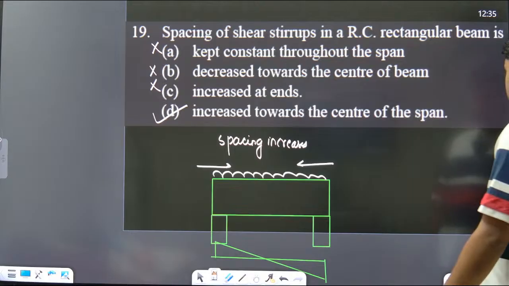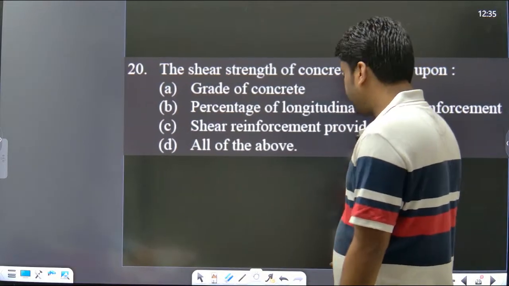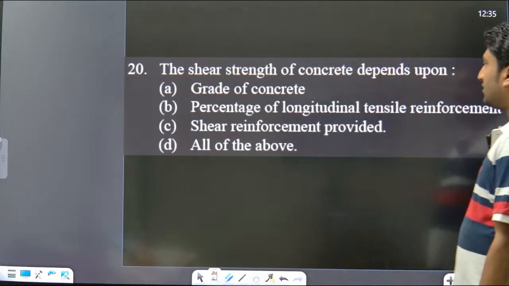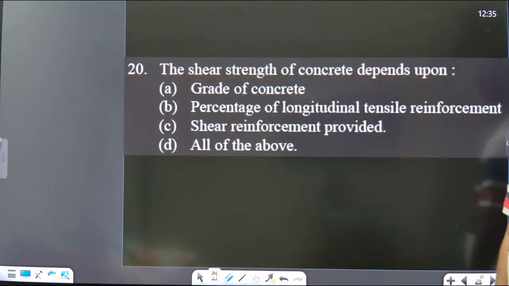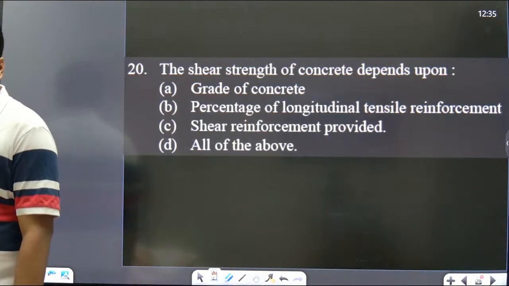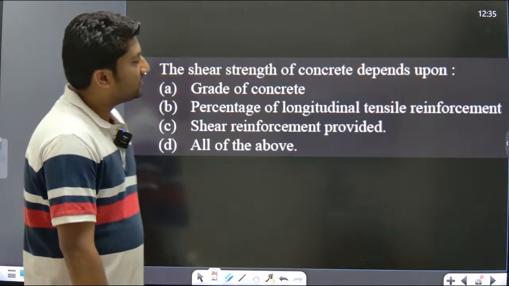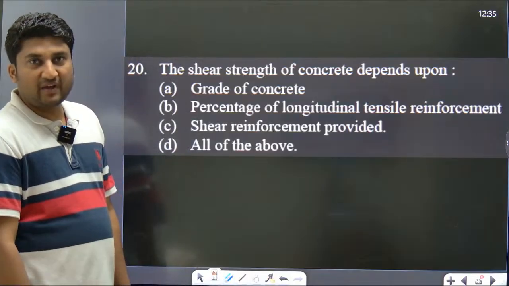Now moving ahead with the next question. The shear strength of concrete depends upon which values?